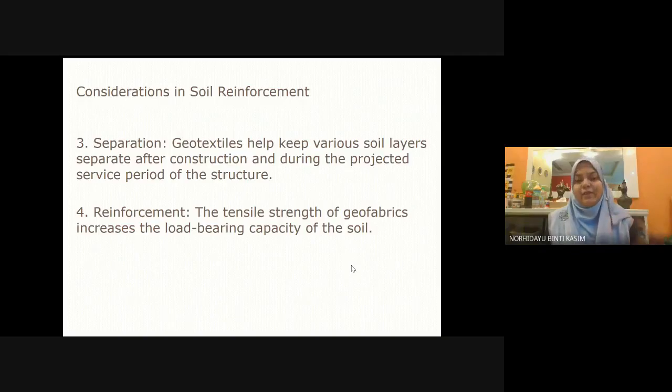Not only to strengthen the soil, it also can increase the soil bearing capacity. Meaning that the purpose is not only to sustain the soil from collapse, it also increases the load bearing capacity of the soil.